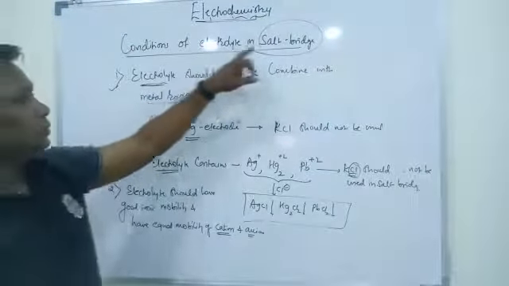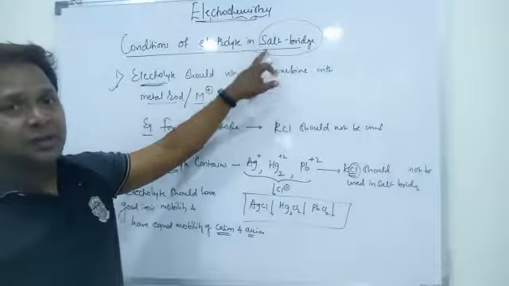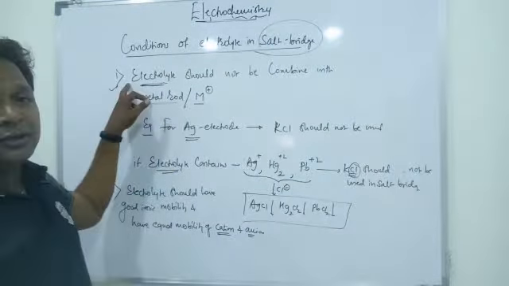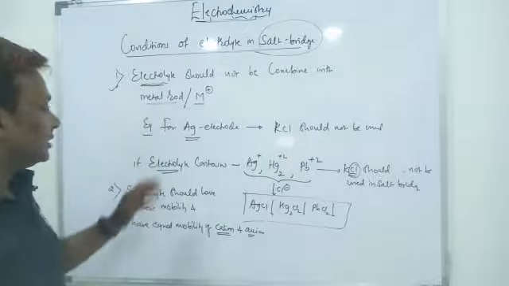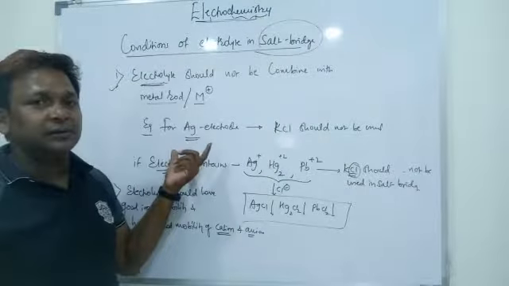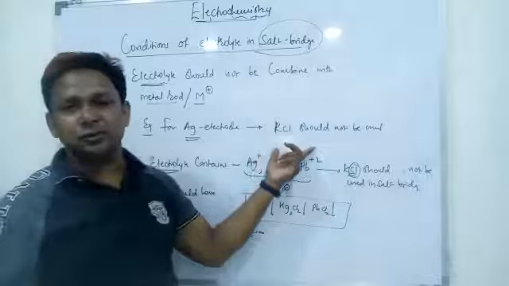Second, the electrolyte which we are using in the salt bridge should not be combined with any metal rod or the metal ions. For example, if in that half cell we are having a silver electrode, KCl should not be used.